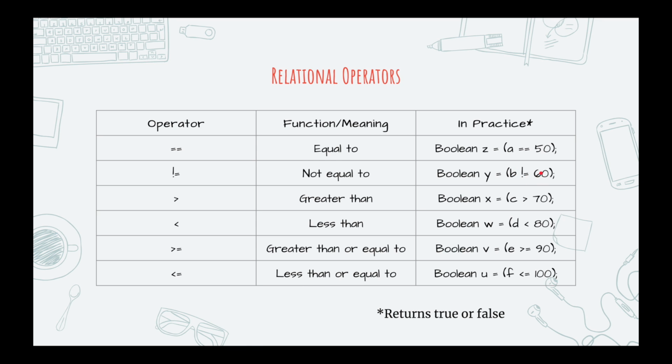Wait a second. 60 is 60. So this entire thing becomes false. Basically, you can say that if it's any number besides 60, then it's true. So if integer b is like 61, 62, 63, any number that's not 60, then it's going to return true. So Boolean y will be true only if b is not 60.